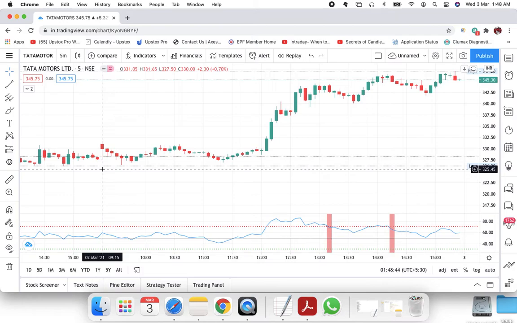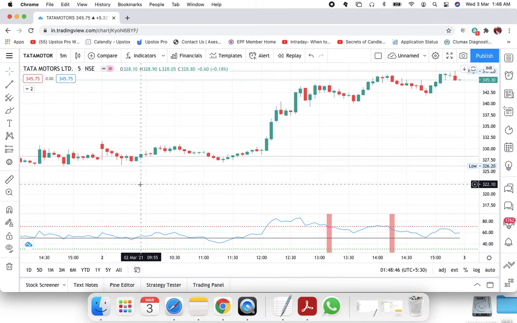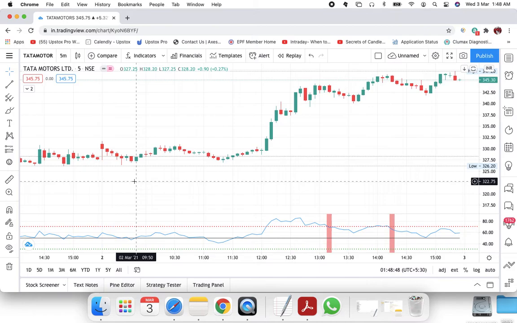As I mentioned, the green candle represents buyers are active. So consecutive green candles represent the uptrend.